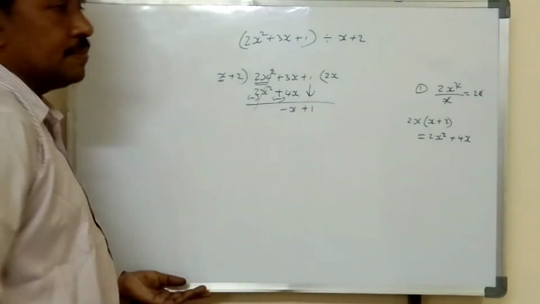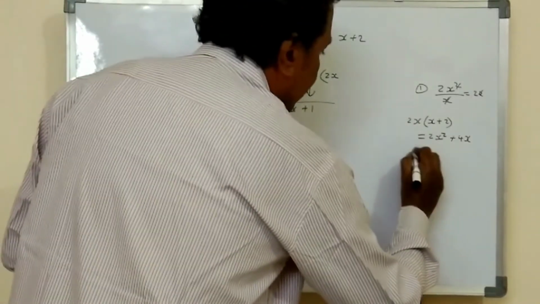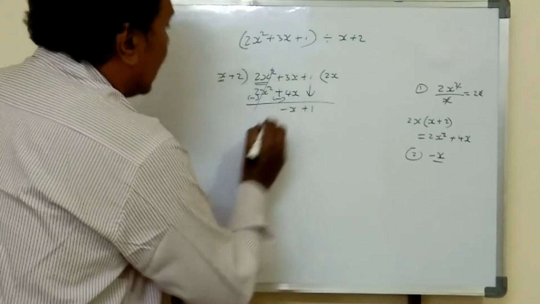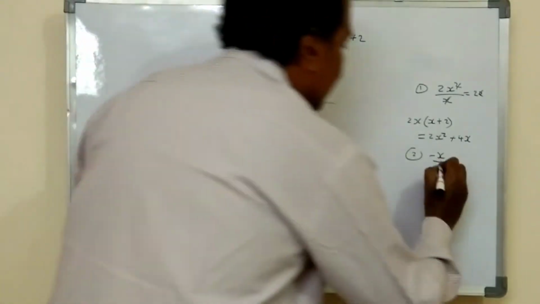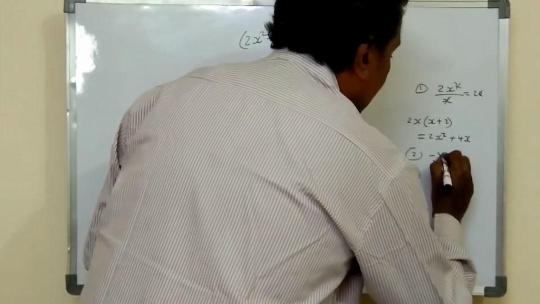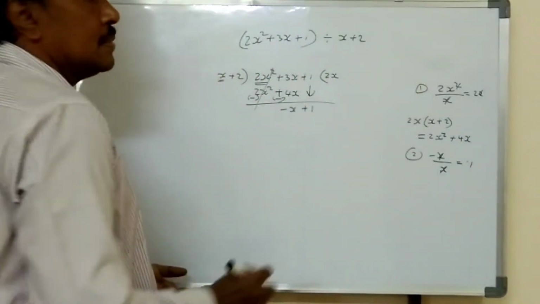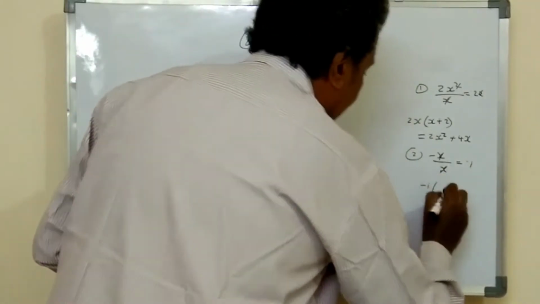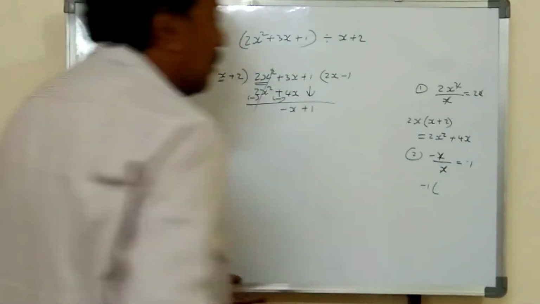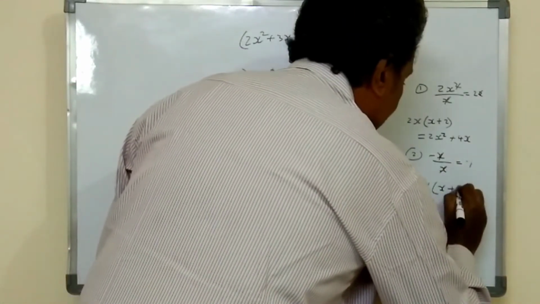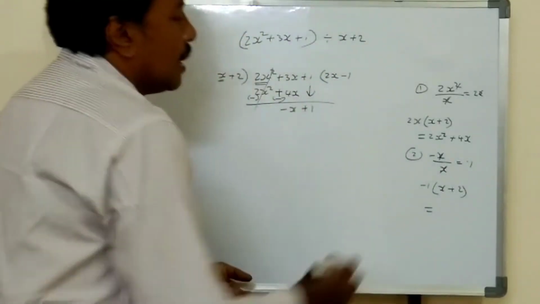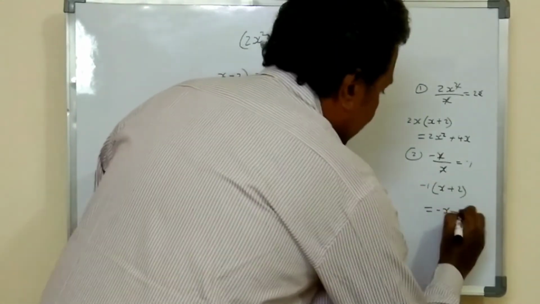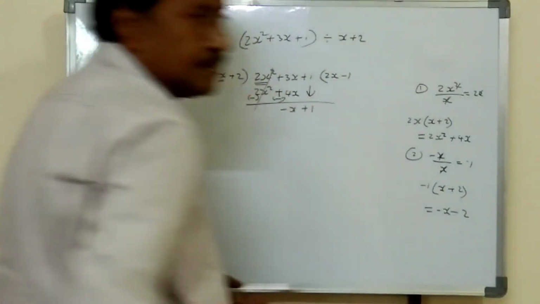Again, step 2. Minus x divided by x is minus 1. So keep minus 1 here. Minus 1 into this entire binomial, x plus 2: minus 1 into x is minus x, minus 1 into 2 is minus 2.